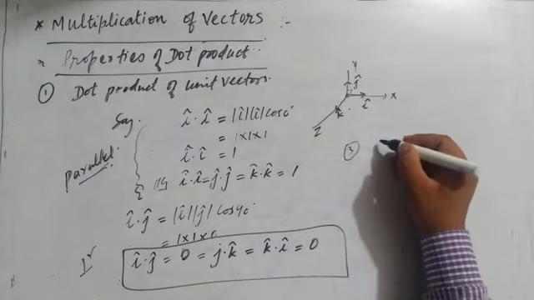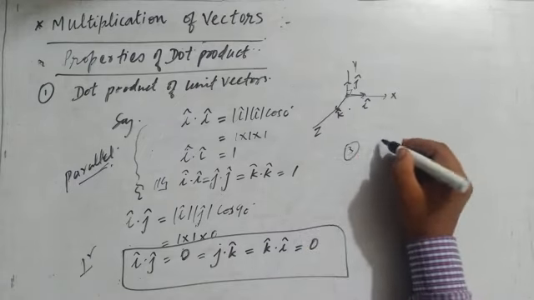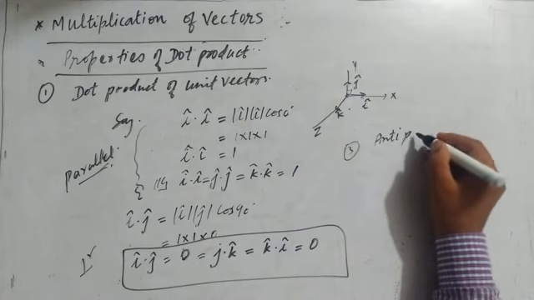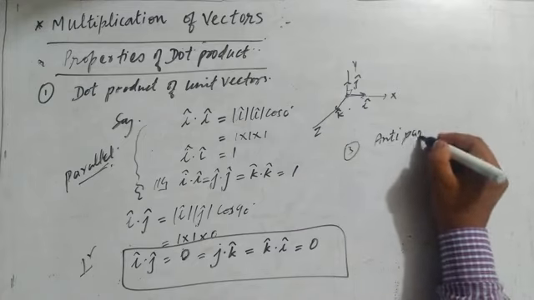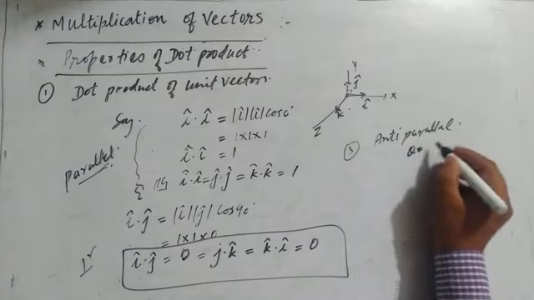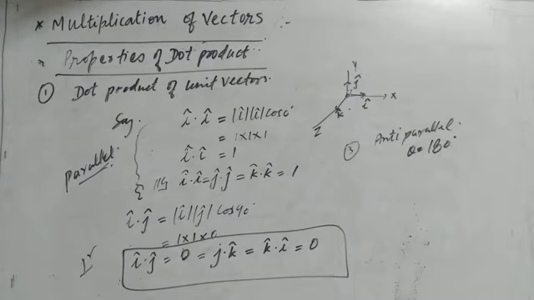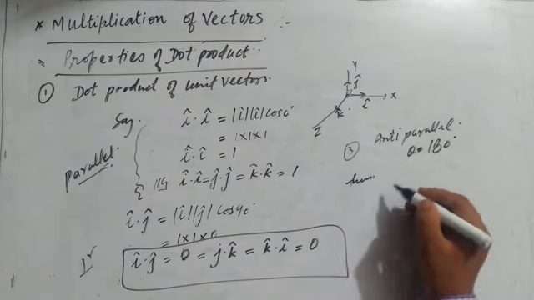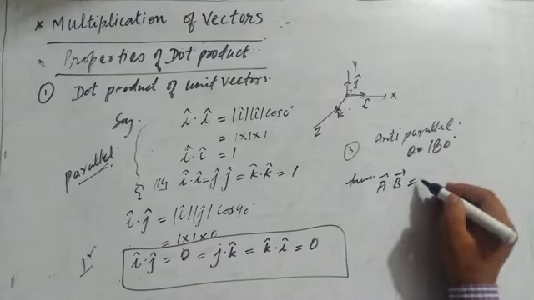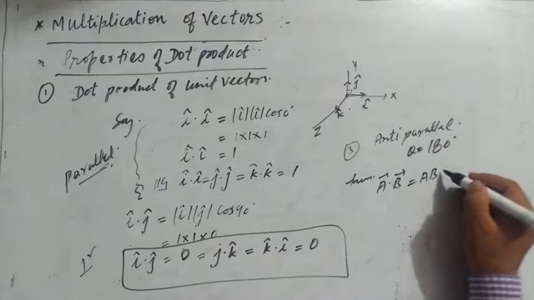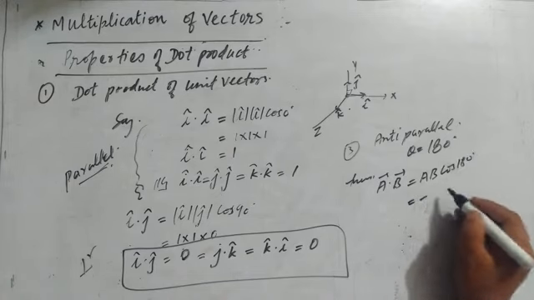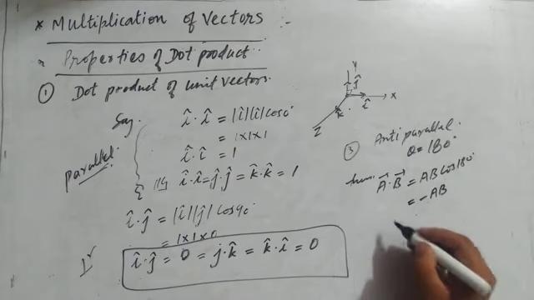If two unit vectors are anti-parallel, that is angle between them is 180 degree, then a vector dot b vector is equivalent to a into b cos of 180, that is equivalent to minus of ab.